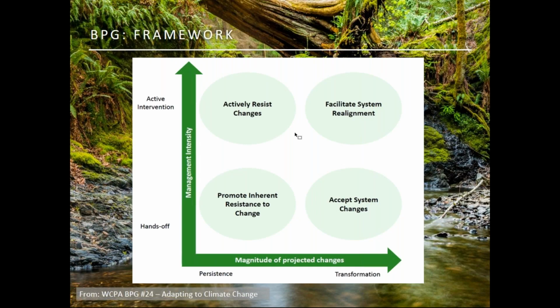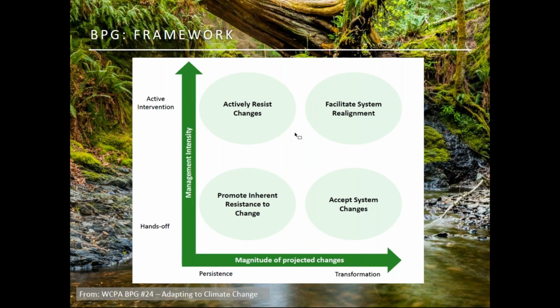The framework behind the best practice guideline, and this graphic, is really interesting because it takes you from the idea of, let's say, hands-off, let's see what happens, to active intervention and managing PAs. So hands-off, climate change impacts, let's see what happens.